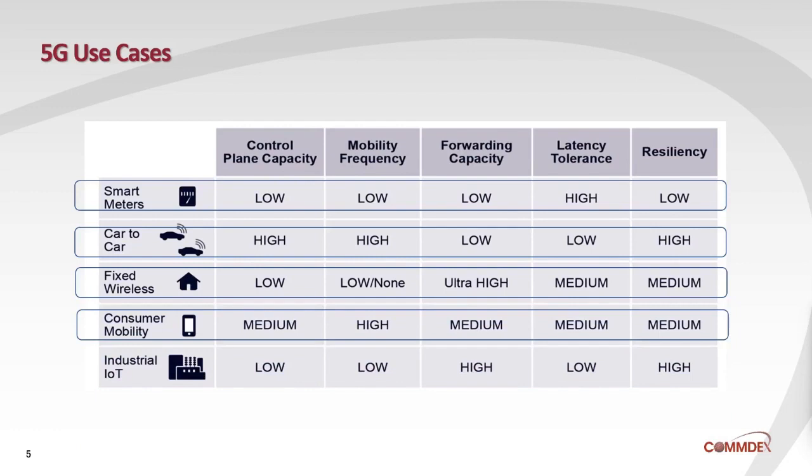5G can enhance the mobile broadband experience for consumers, enabling faster speeds, increased capacity, and seamless connectivity. The use case requires high capacity to support bandwidth-intensive applications like video streaming, gaming, and social media.